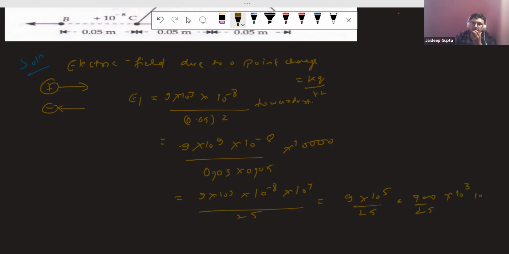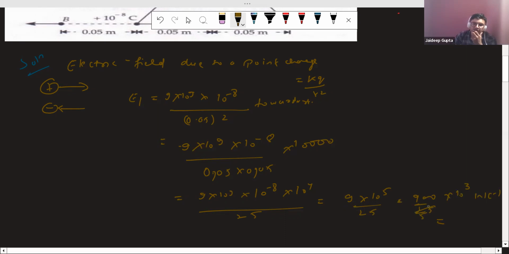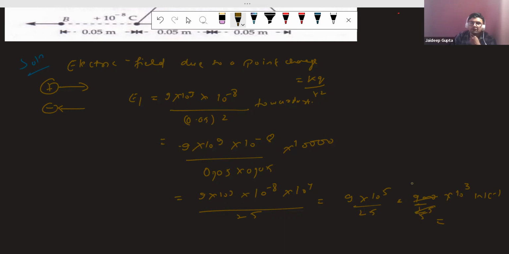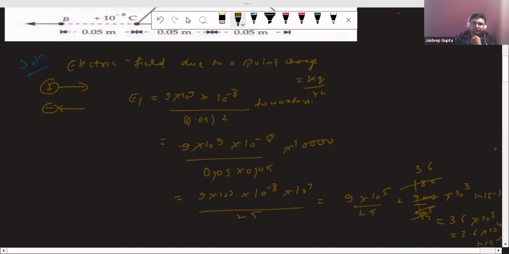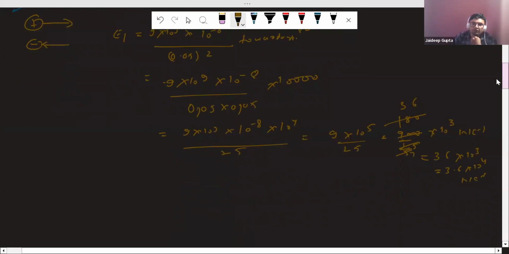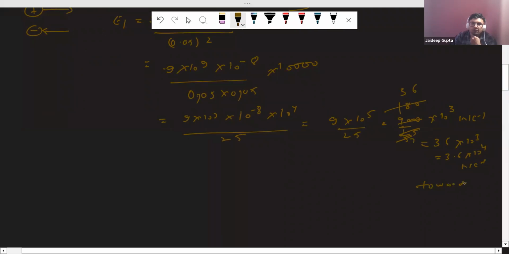That gives 36 times 10 to the 3, so you can write 3.6 into 10 to the 4 Newton per coulomb towards right.